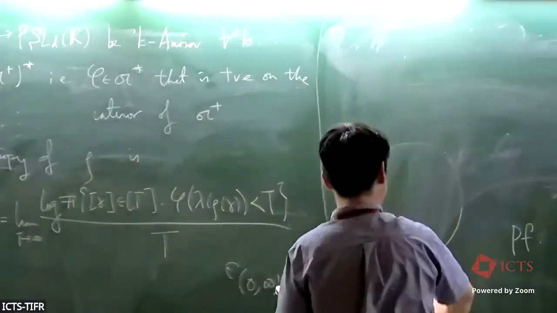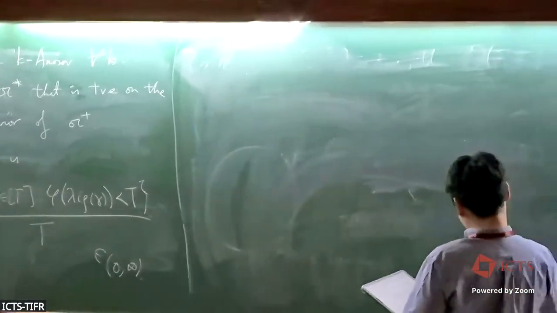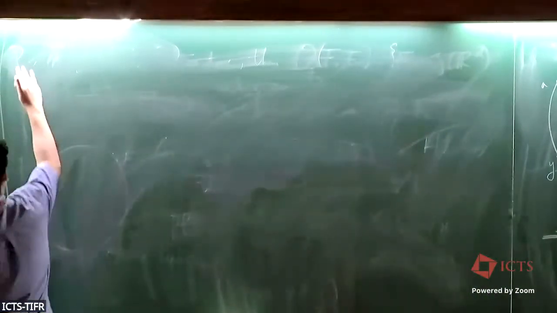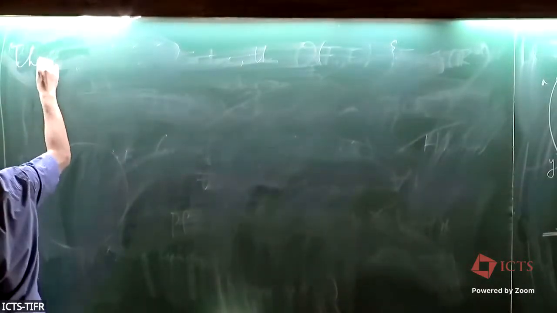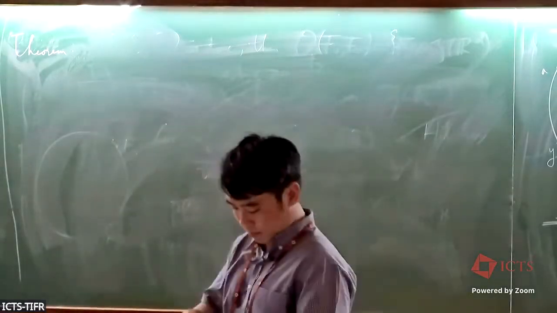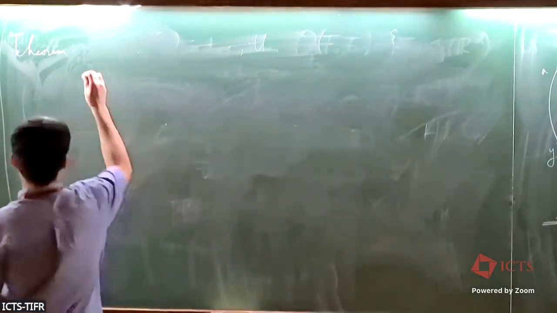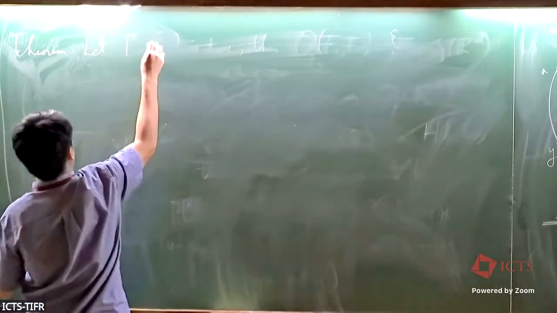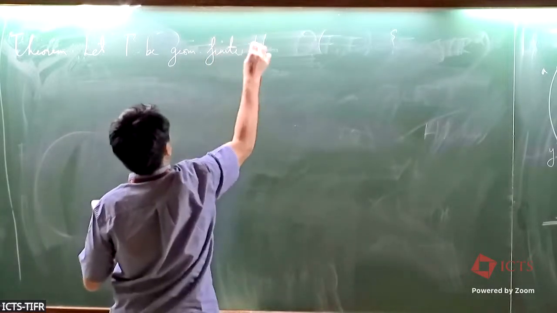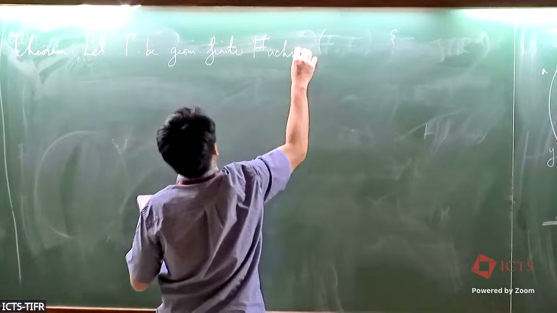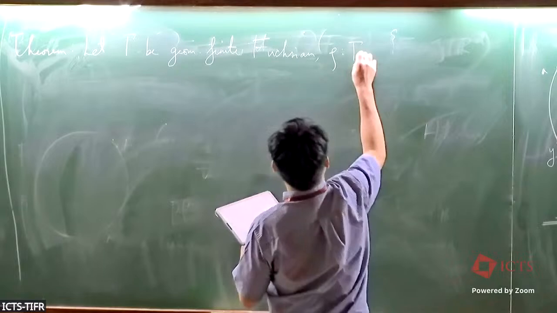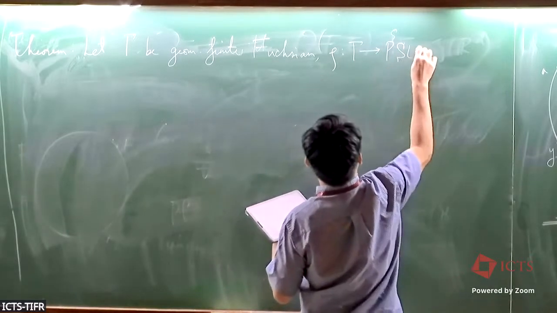Five more minutes. Okay, so theorem. Let me write down a simplified version of the theorem, a slightly weaker version. Let gamma be geometrically finite, and rho from gamma to PSL_d R be Hitchin.